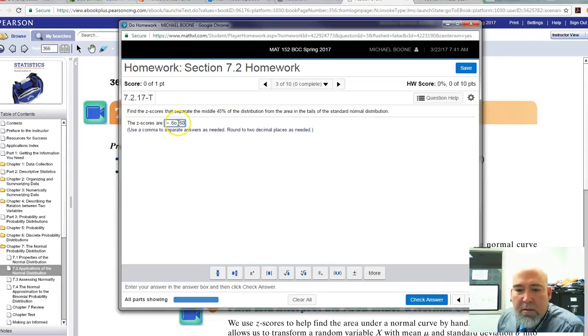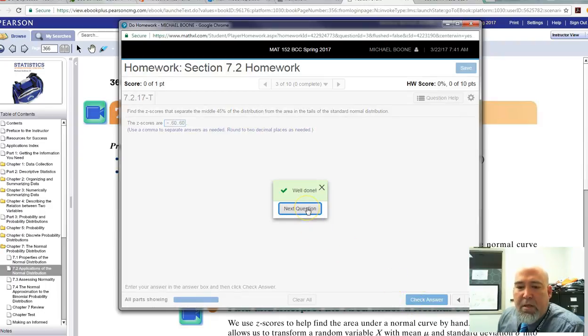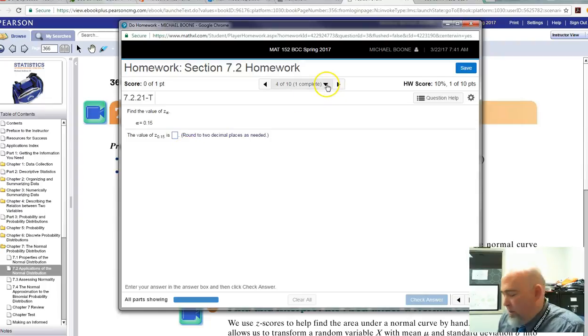So those are the z-scores that separate the middle 45%. And so that is one where you're doing a between.